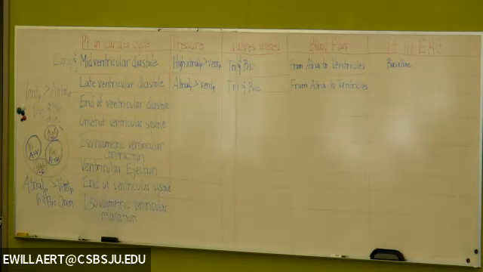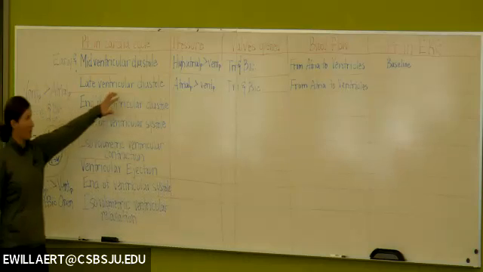So in this early to mid ventricular diastole, we're looking at this time segment right here, right? Our atria haven't contracted yet. And so we're just kind of in this baseline waiting for atrial contraction. And then all of a sudden we get to late ventricular diastole.